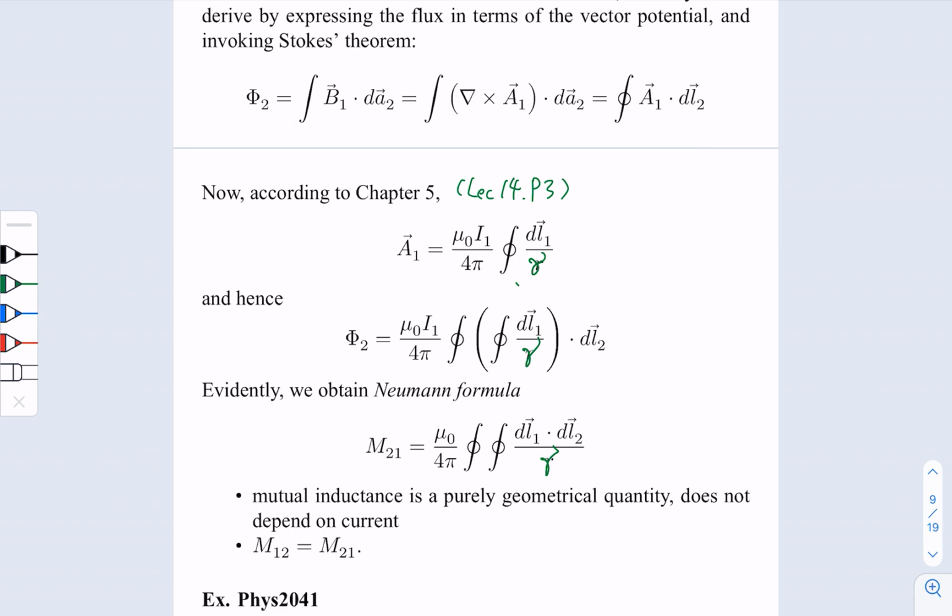And because this is the magnitude of the separation vector, if you swap the L1 and L2 positions, the integral doesn't change at all. Which means the mutual inductance from 1 to 2 is the same as from 2 to 1. So sometimes we can use this property to simplify our calculation.